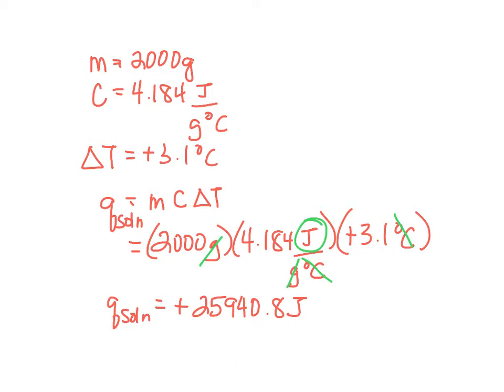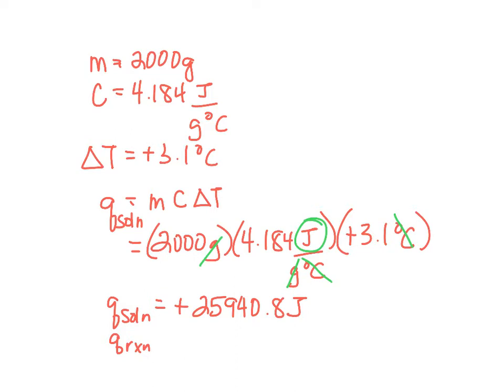So that tells us something. The solution absorbed 25,940.8 joules. Where did that energy come from, or where did that heat flow from? Well, really the heat flowed from the reaction. So what does that tell us about the reaction? The reaction gave off that amount of heat.